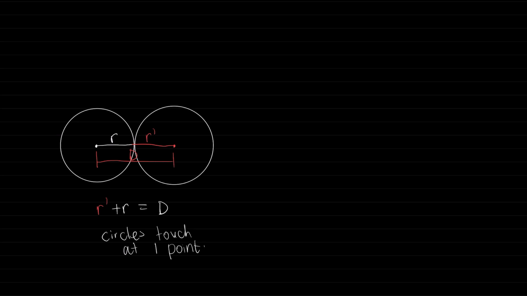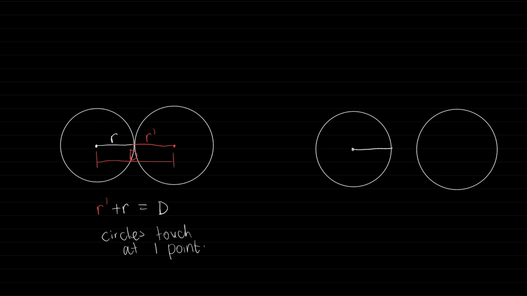Now let's consider if the circles are far apart. So if I have a circle like this, and if I have a circle like this, we will repeat here. If I call that r, and I call that r prime, and I represent that this is the distance between them.